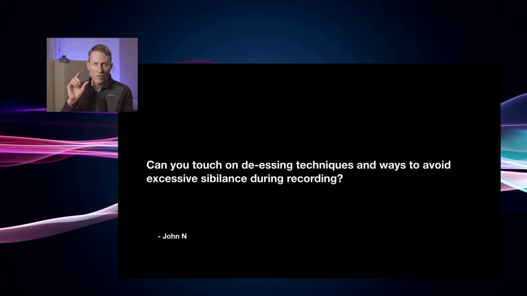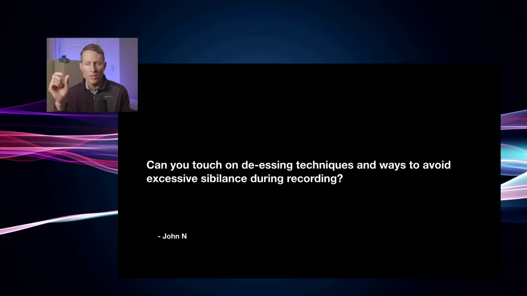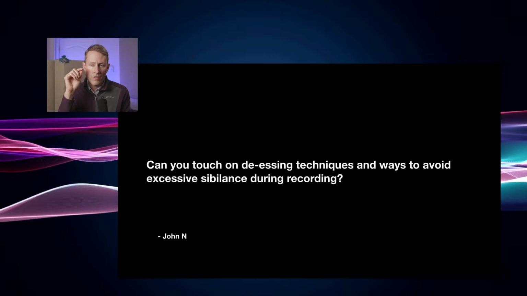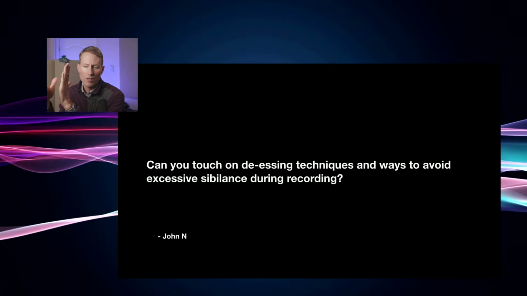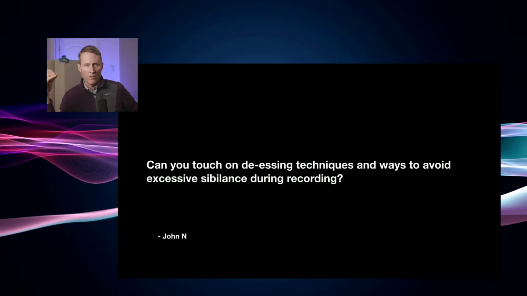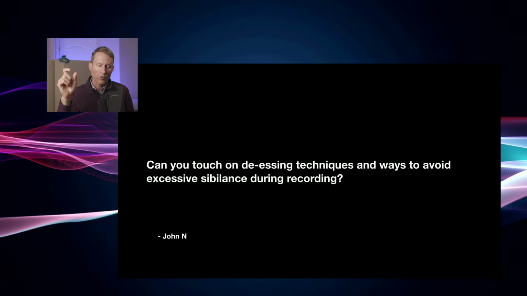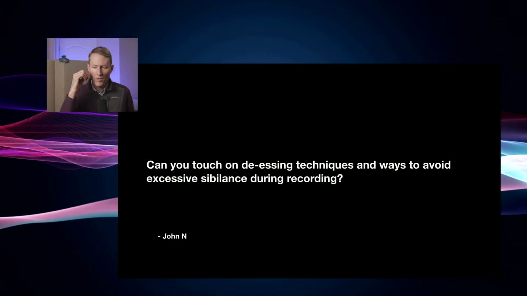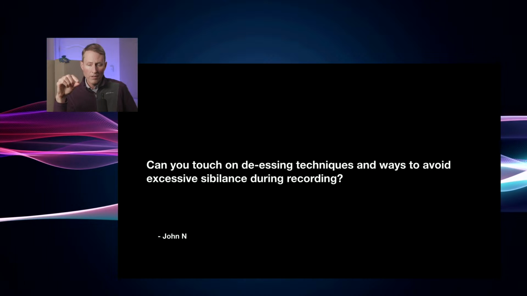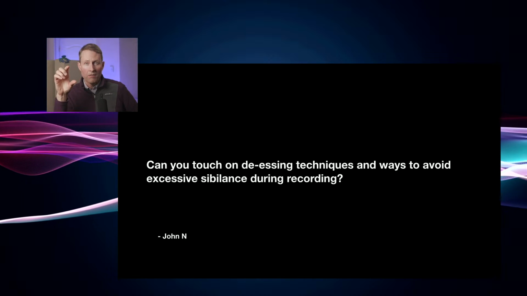But what you have to do first of all is find where the sibilant frequency is for that voice and microphone combination. And it's usually going to sit somewhere between 5 kilohertz up to about 10 kilohertz, depending on the voice. And usually I find it closer down to 5 a lot of times. And so the way you can do that is you can actually take an equalizer and boost by, say, 9 decibels.